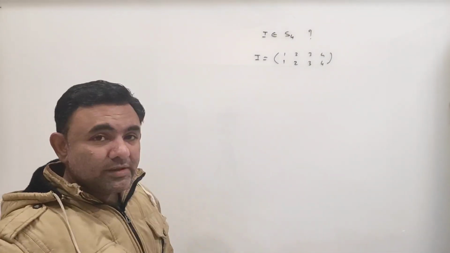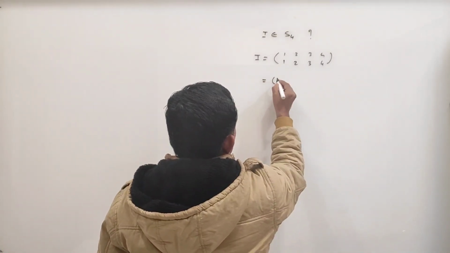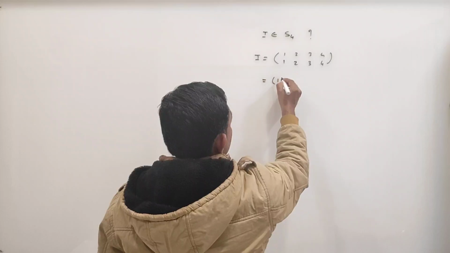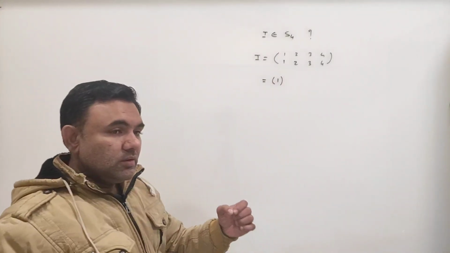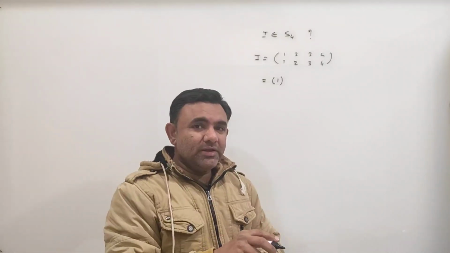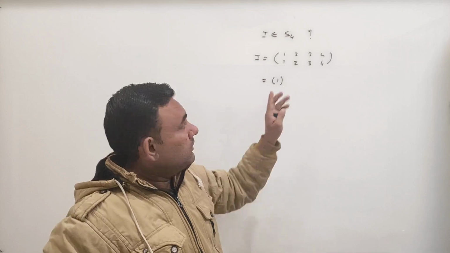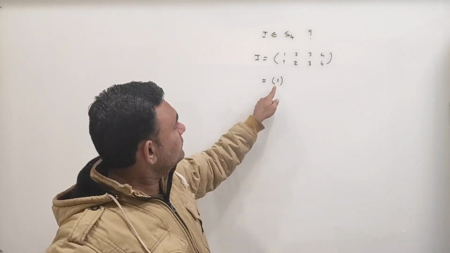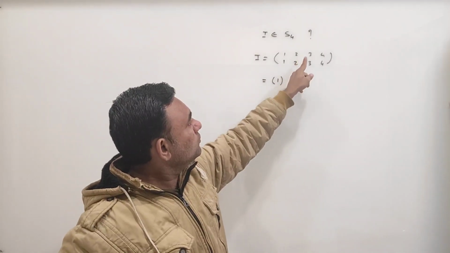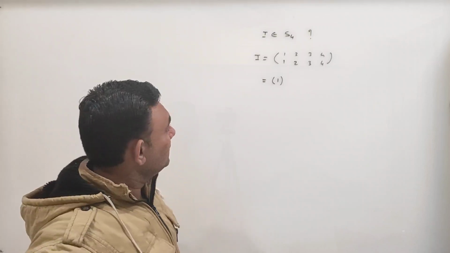So whether it is a cycle or not, let us see. So you start with 1. So 1 goes to 1. So stop. Wherever we start, if we come back to the same place, then we stop. So 1 goes to 1 and the remaining elements should be as they are: 2 goes to 2, 3 goes to 3, and 4 goes to 4, by definition of identity.